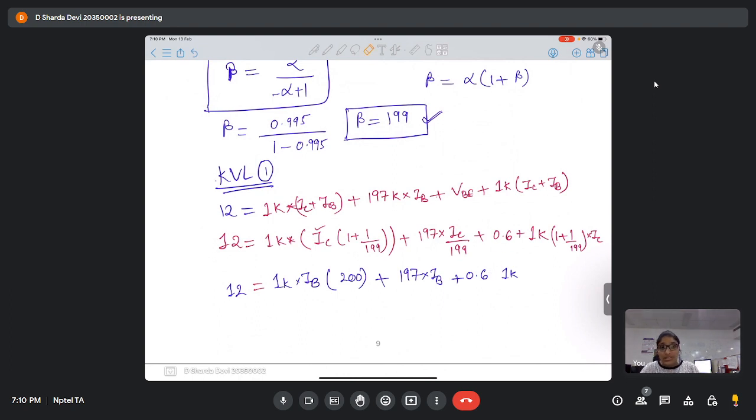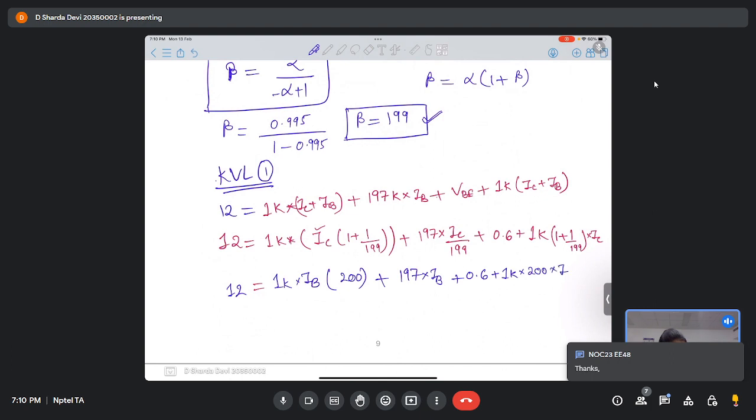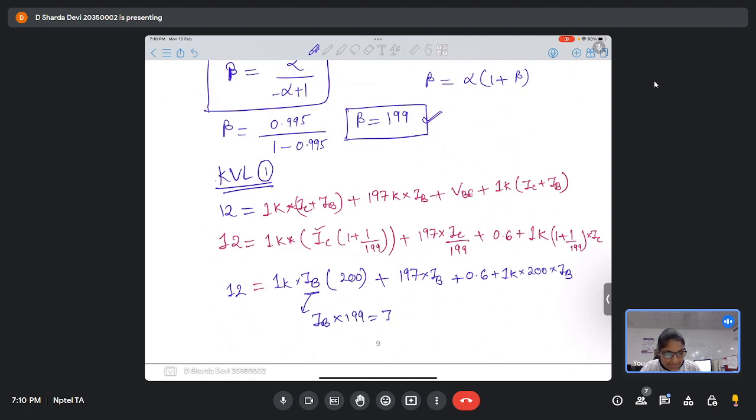Okay, let's wait for others. From here you will find IB, then simply multiply it with 199. You will get IC. Both ways we can work it out.